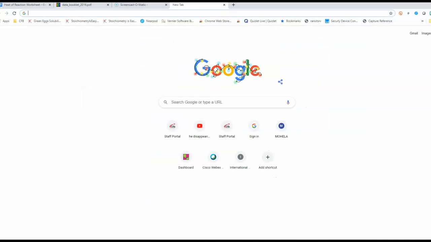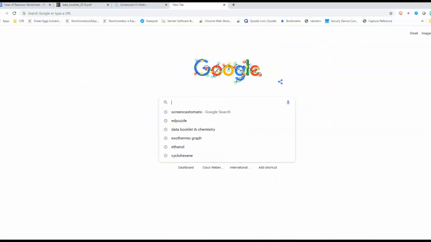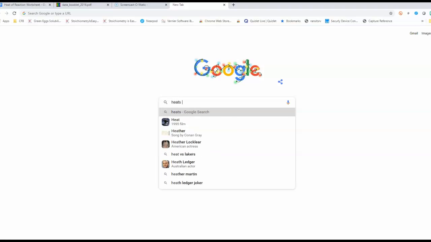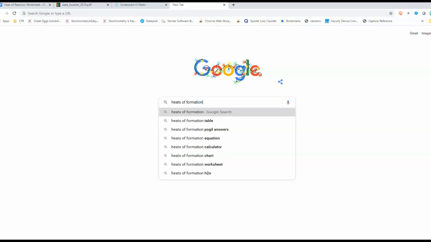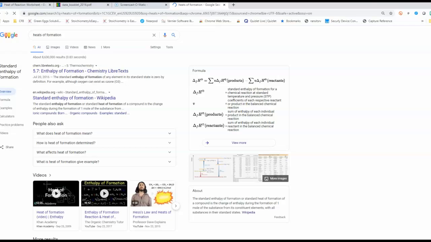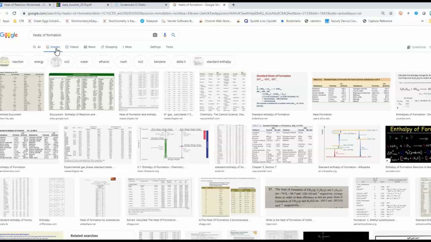So what I'm going to do is navigate to a different source to find heats of formation so that we can complete our problem here. So heats of formation, we really need to have standard enthalpies of formation. Let's see if we can find an image that has a good set here for us to look at.